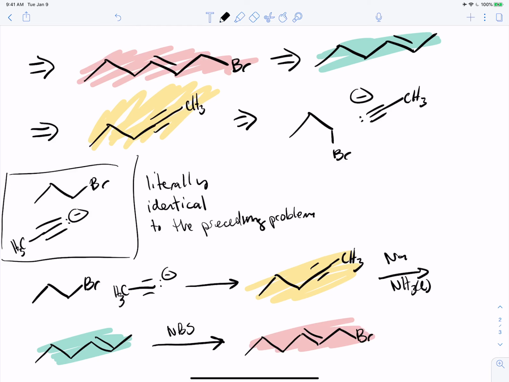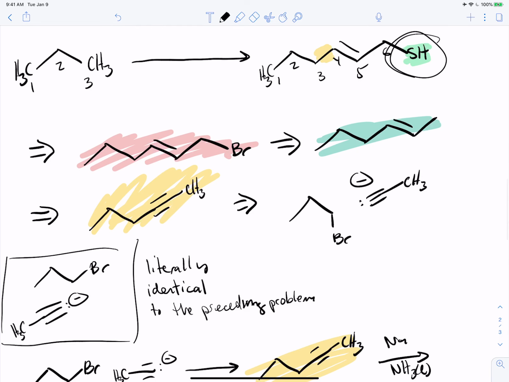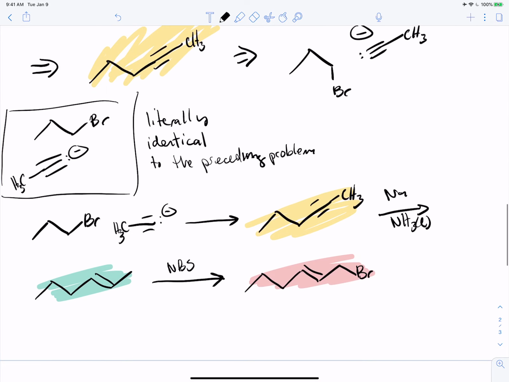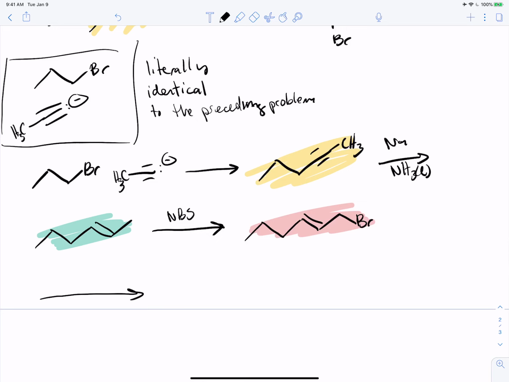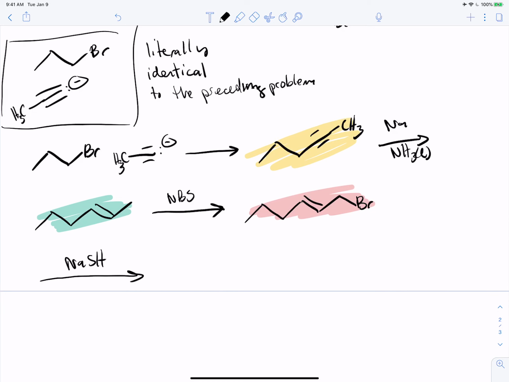The only real new thing here is you'll notice that in the product I have a thiol there. We don't have any direct way to make the allylic thiol, but we can do SN2 chemistry there. So if I just take this and take sodium SH minus, or sodium thiolate, then I will get, you don't have to write this when you're doing the synthesis, but this is doing some SN2 chemistry, and then I just get this as my product.